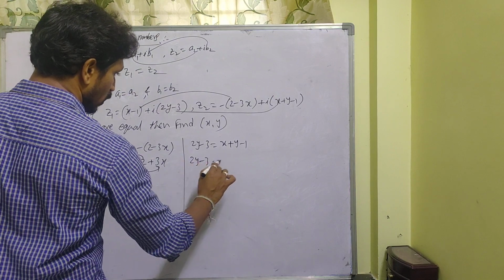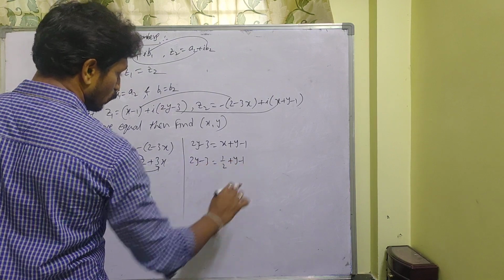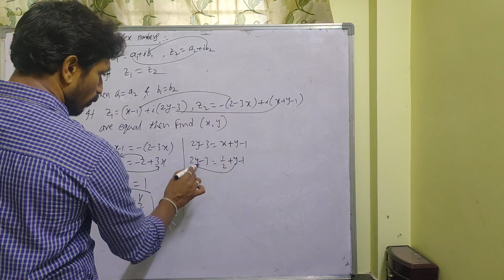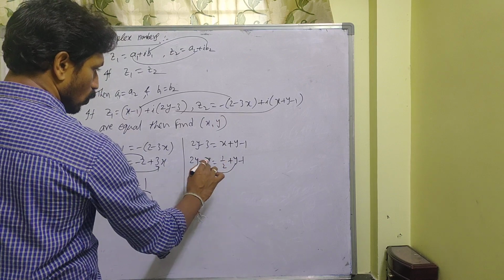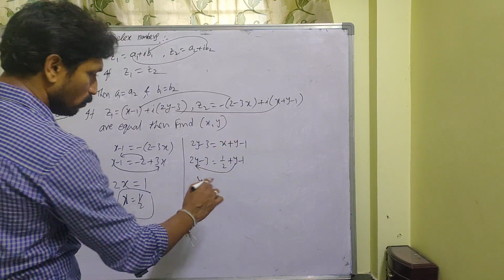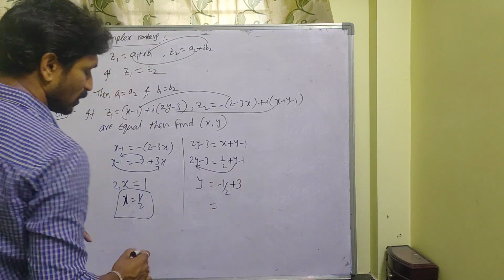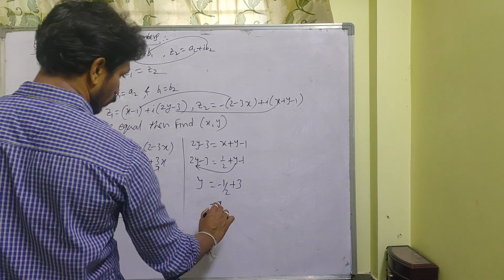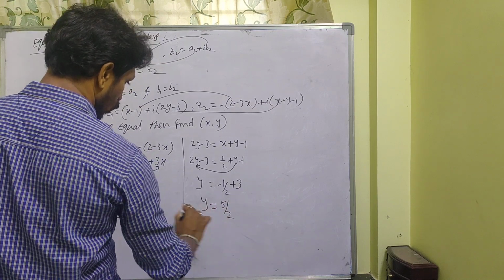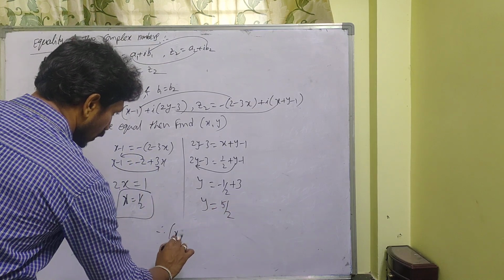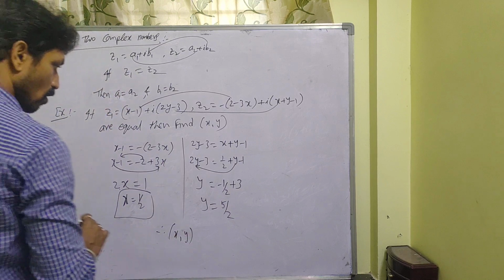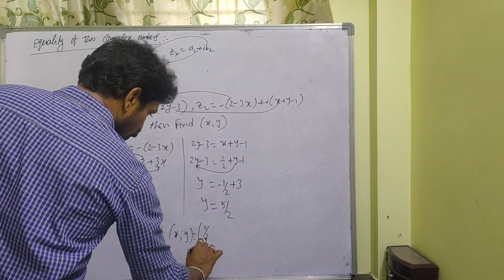So 2y minus 3 is equal to 1 by 2 plus y minus 1. So 2y minus y, that is y, is equal to 1 by 2 minus 1 minus 3 plus... that is, 1 by 2 plus 3 minus 1, which is nothing but 5 by 2. So y is equal to 5 by 2. Therefore x comma y is equal to 1 by 2 comma 5 by 2.